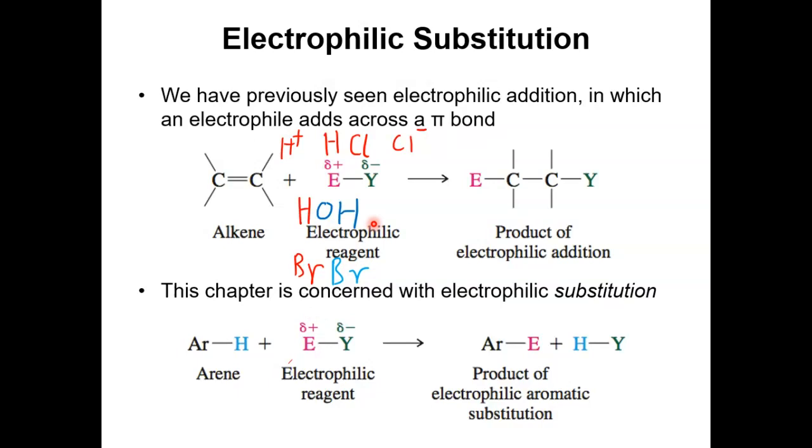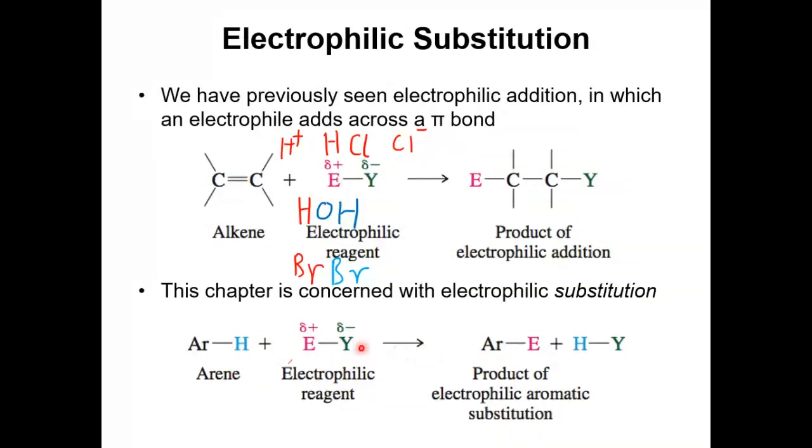So what you see is, if you have an unsubstituted aromatic compound, say just plain benzene, and you react it with an electrophile, the net effect is the electrophilic fragment replaces a hydrogen from the aromatic ring.